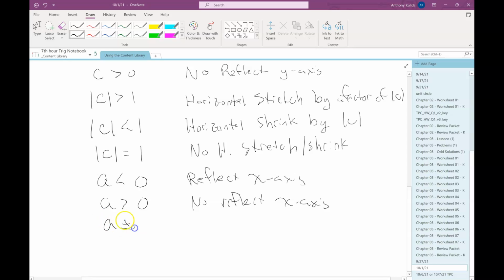And A cannot be 0, because if it was, your function would just be a constant function, and you've destroyed whatever the original thing you would have been transforming, because you have A times the f of x. So if you had 0 times f of x, it's just 0, and your function just went bye-bye. And that's not interesting.